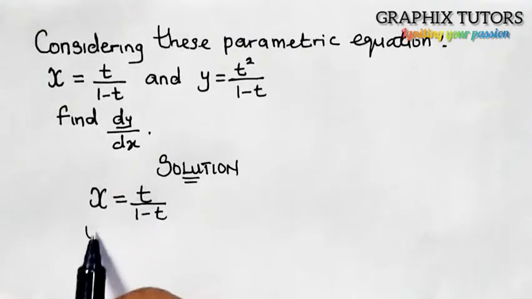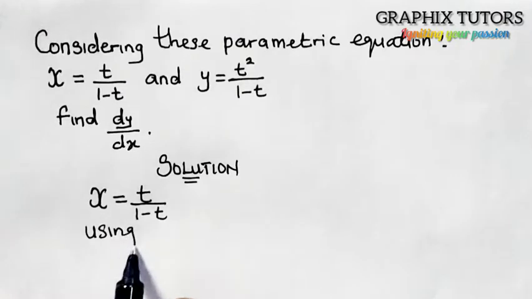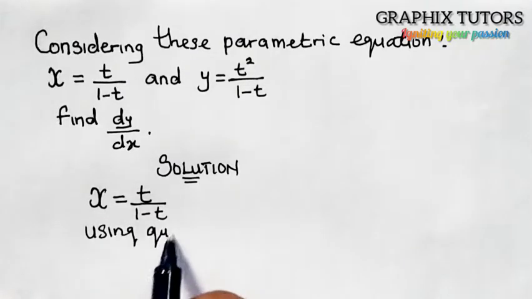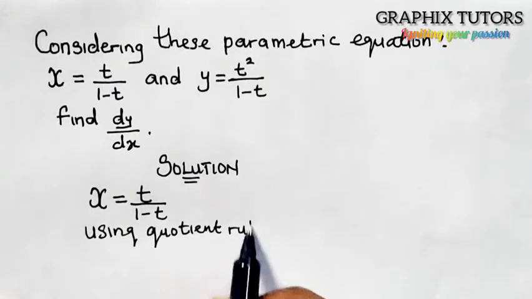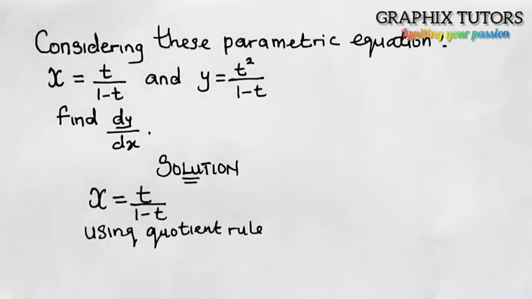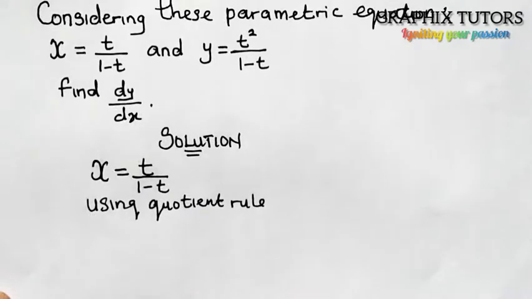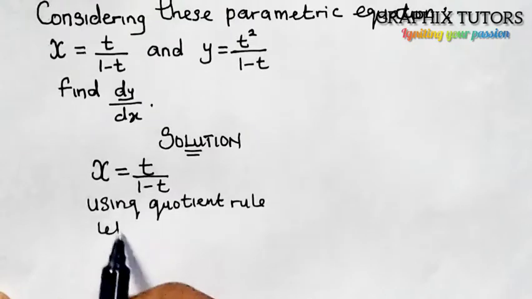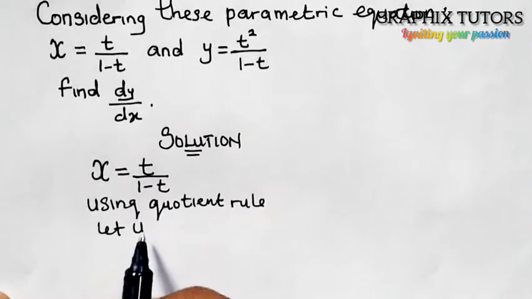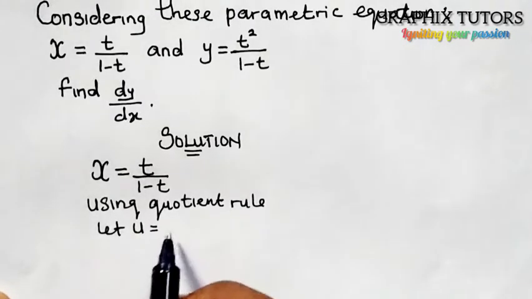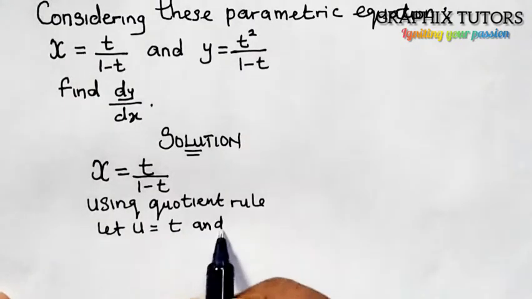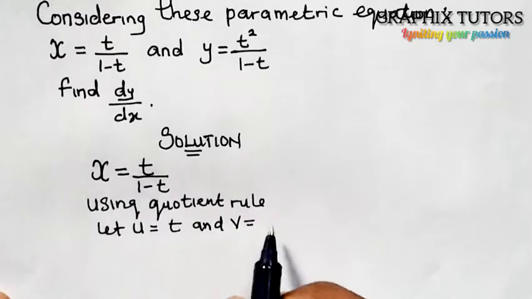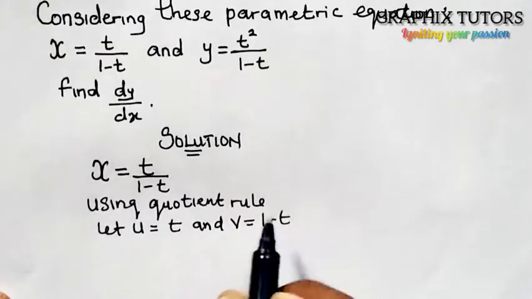So, we write that using quotient rule. Are we good? How will you do that? You say let u be equals to t and v be equals to 1 minus t.